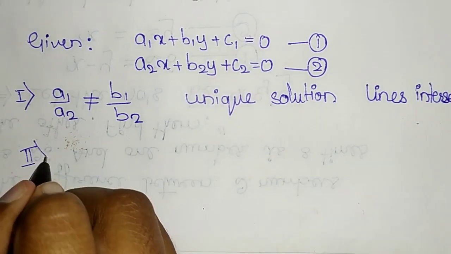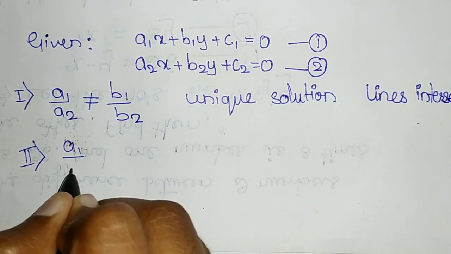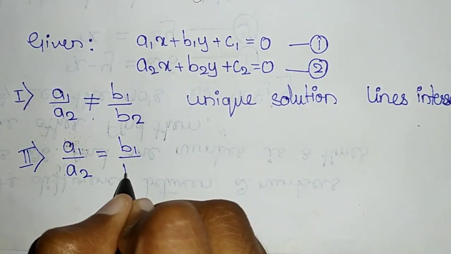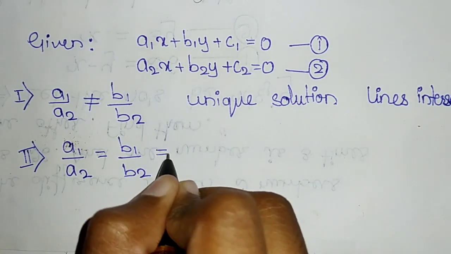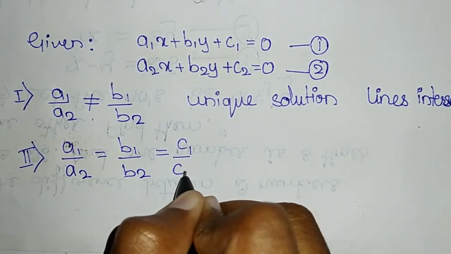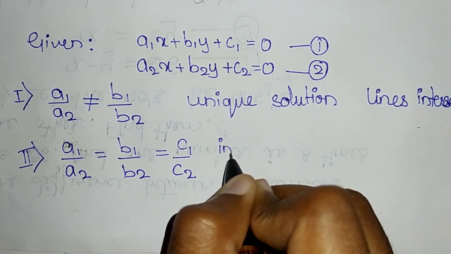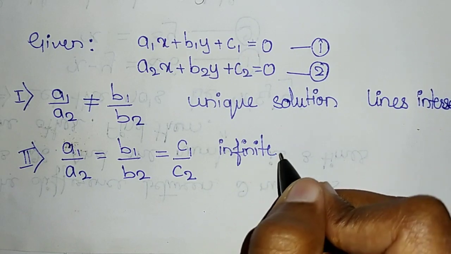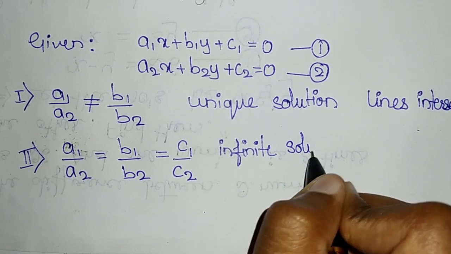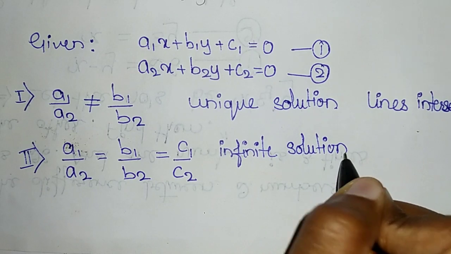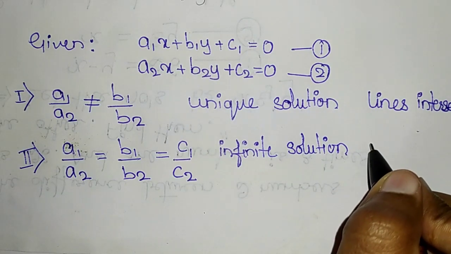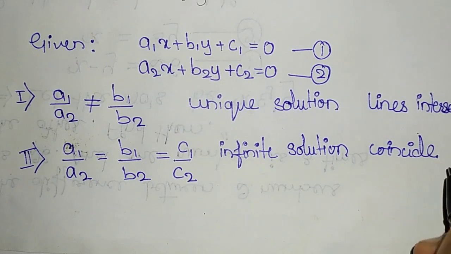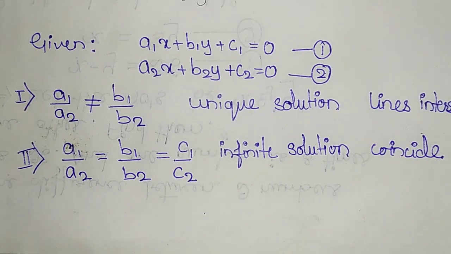Second, when a1 by a2 is equal to b1 by b2 is equal to c1 by c2, it means infinite solutions. There are many solutions to the given pair of equations. Here the lines coincide; they are perfectly lying on top of each other.